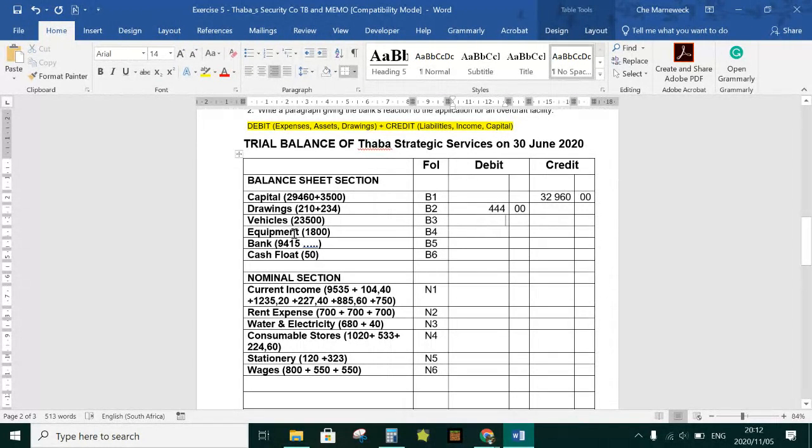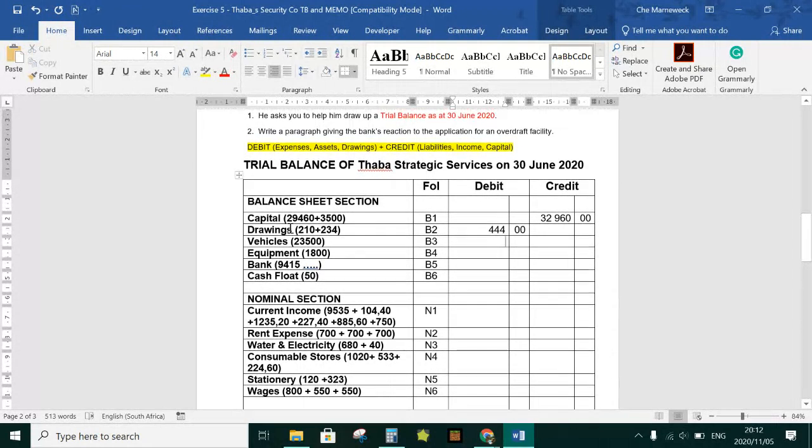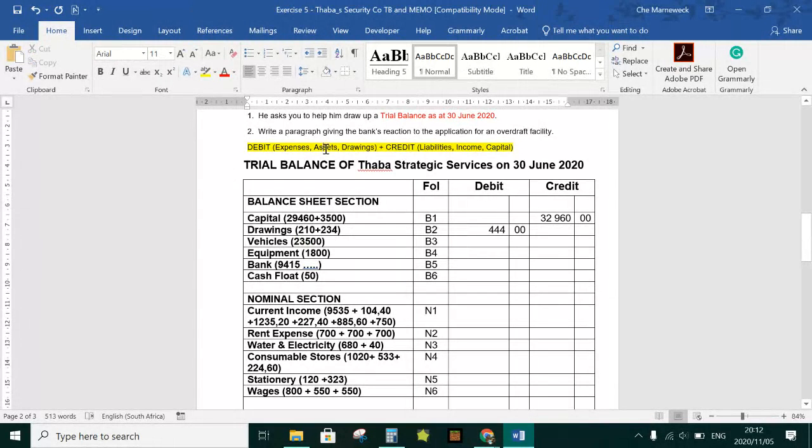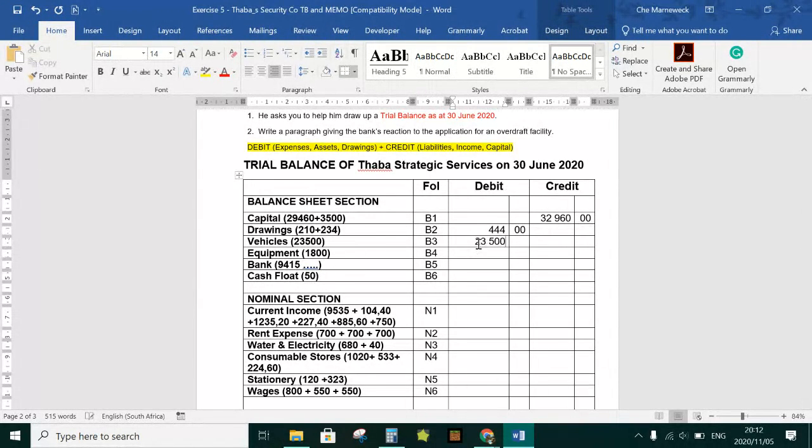Okay, then we've got vehicles, equipment, bank, and cash float. Those are fixed assets. Those bottom two are current assets. All of our assets are going to go under debit. So we've got 33500, 1800. Bank we need to work out. Cash float is 50.